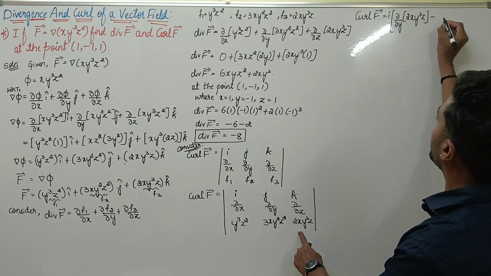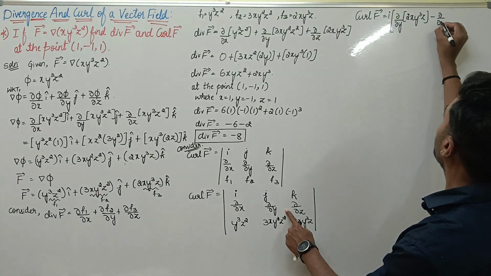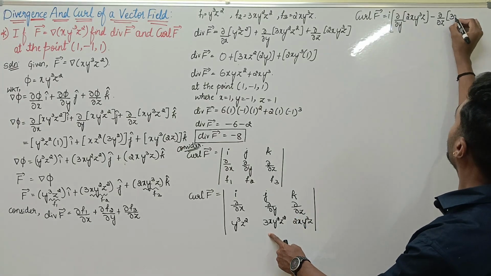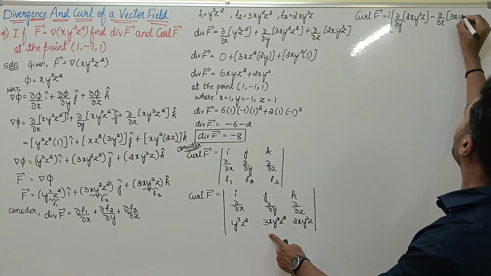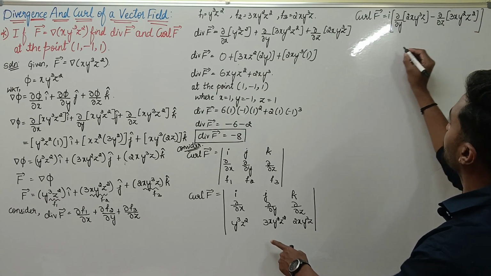Please be careful while representing. Now minus ∂/∂z of 3xy²z². Done. This is with respect to i.